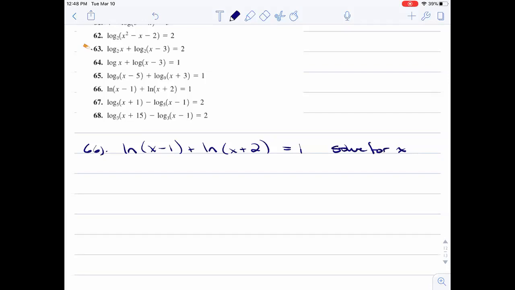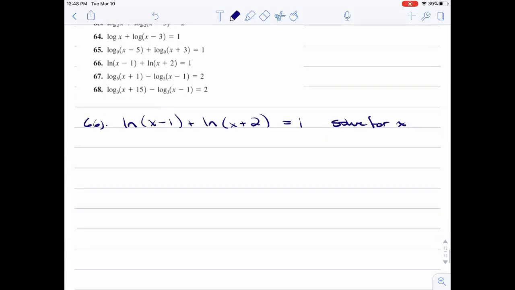One thing that just struck me is that because I'm adding logs of the same base, how about I combine those to only have to deal with one log? So first thing I'm going to do is rewrite this as the natural log of x minus 1 times x plus 2, multiplying in there because I'm adding on the outside.